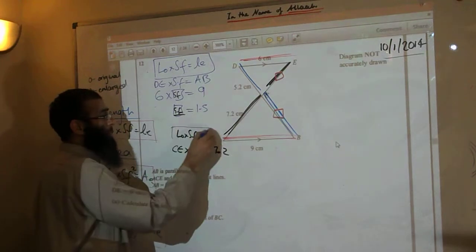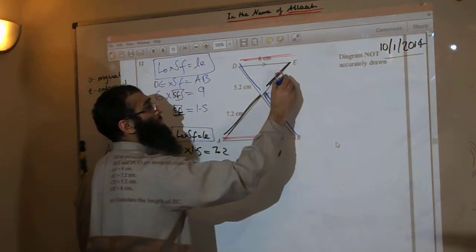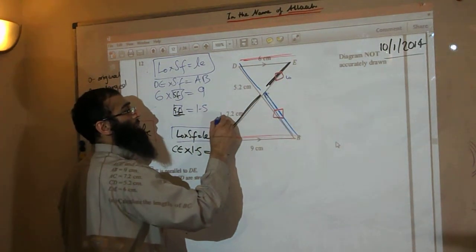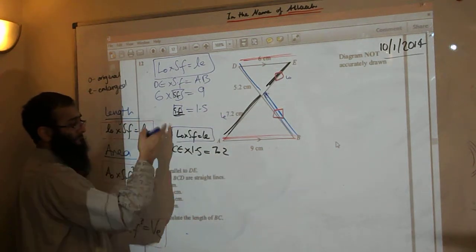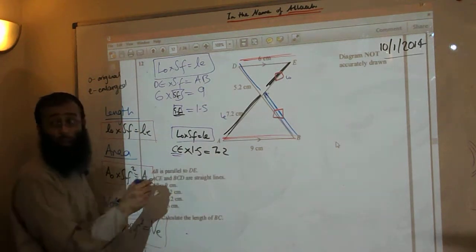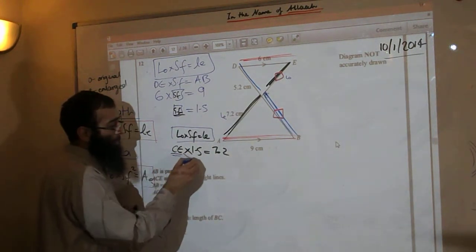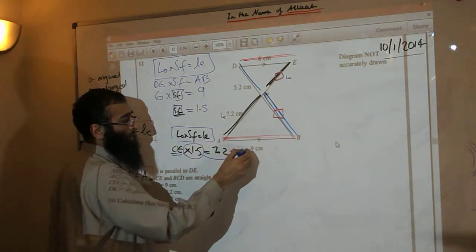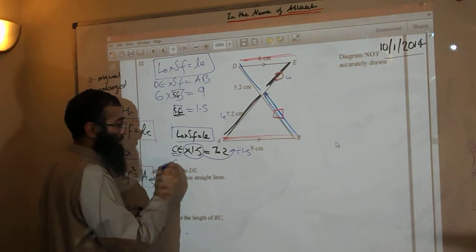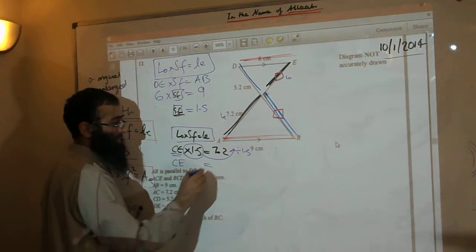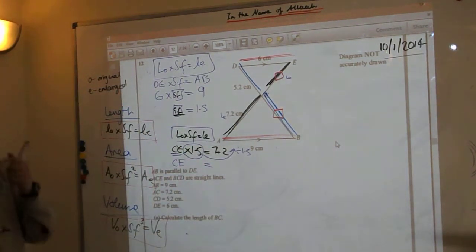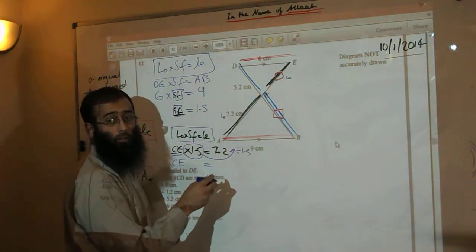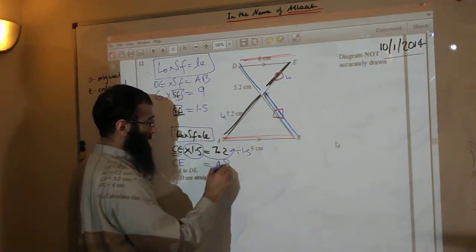So we've got the formula written properly. That's my length original. That's my length enlarged for this next part of the question. So everything's in place. I've got to work out this part here. So what do we do with the times by 1.5? Divide by 1.5. And the answer to that is, what's 7.2 divided by 1.5? 4.8.